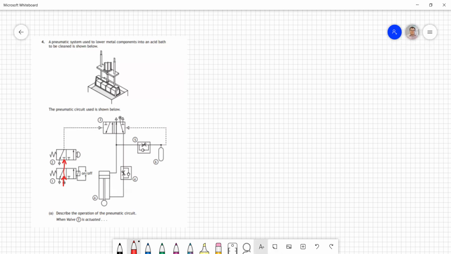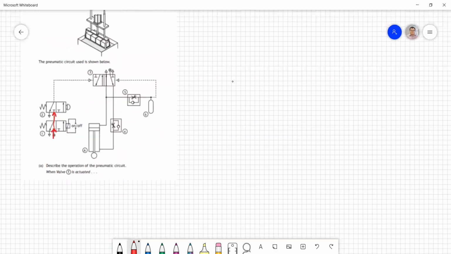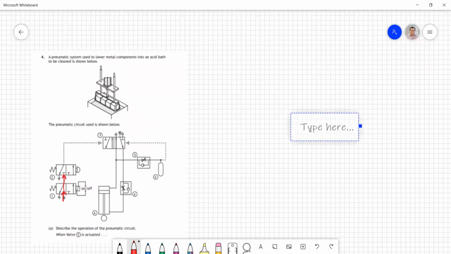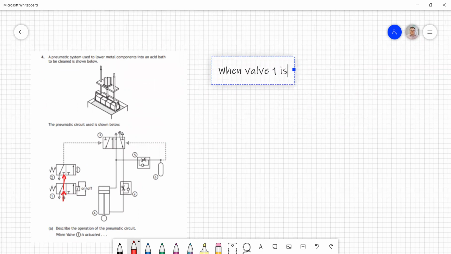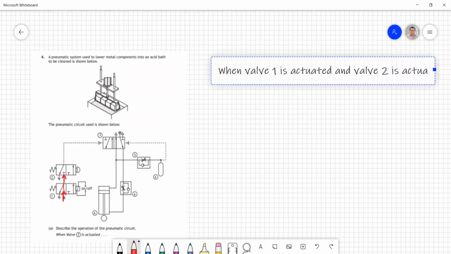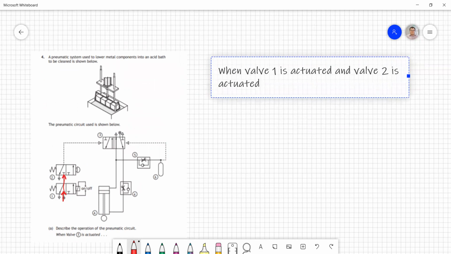The first thing we want to say is when valve 1 is actuated and valve 2 is actuated, because what we're saying here is that without valve 2, nothing's going to happen. Well, valve 1 and valve 2 are actuated, then pilot air is supplied to valve 3.